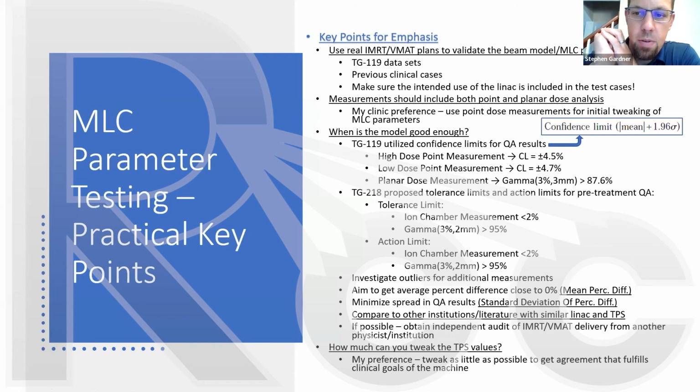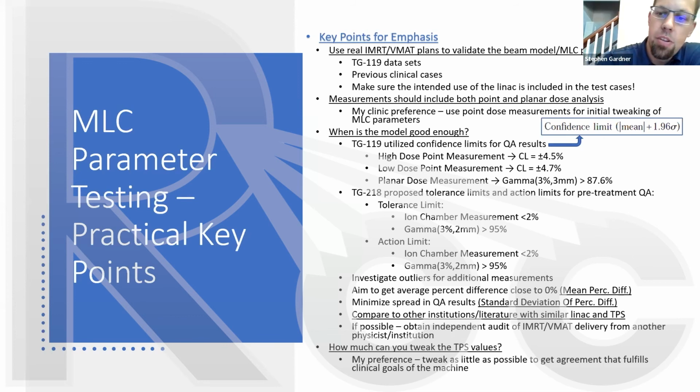For gamma analysis, 3%, 3 millimeter, the confidence limit was greater than about 88%. You can also calculate the confidence limit for your data and compare to TG119. So not just the individual results, but the confidence limit, which takes into account the whole distribution.